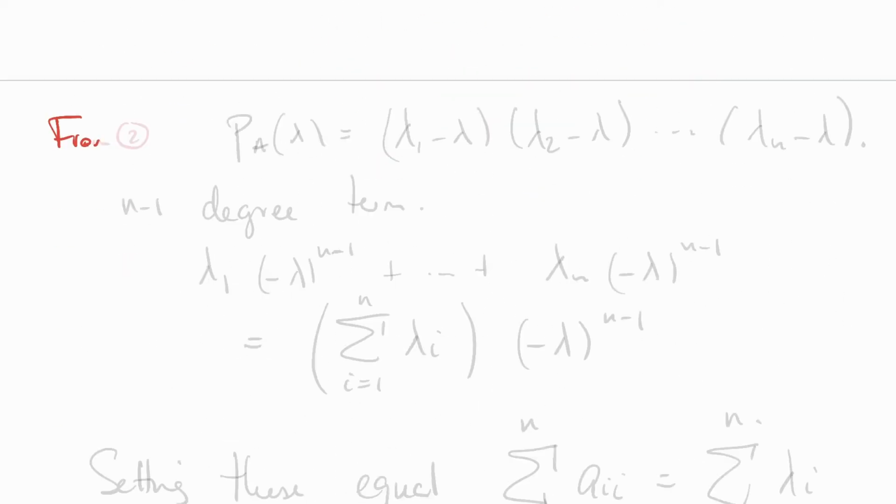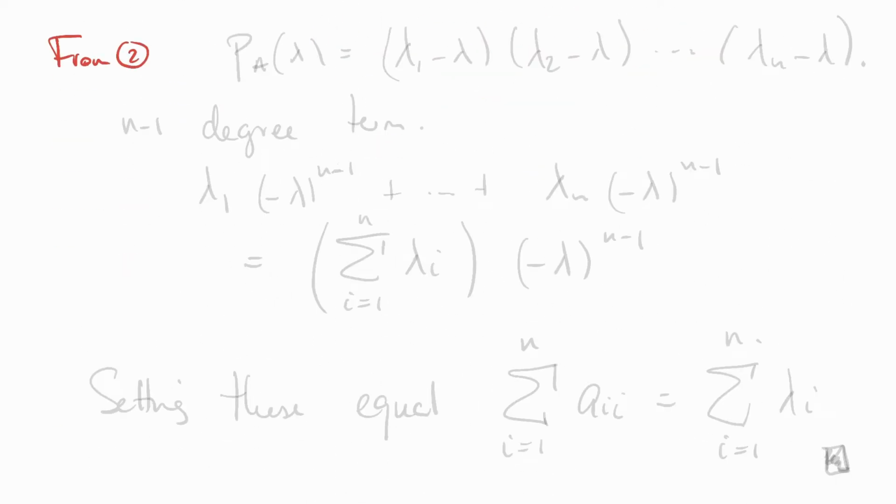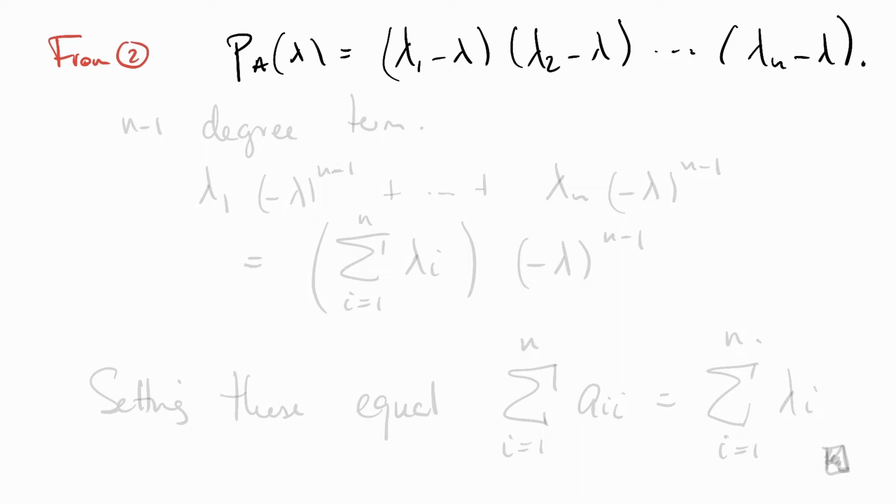From 2, well, what do we have here? P_A(lambda) is equal to (lambda_1 minus lambda)(lambda_2 minus lambda)...(lambda_n minus lambda). So the n minus first degree term, multiplying similarly, is going to be lambda_1 times negative lambda to the n minus 1 plus ... plus lambda_n times negative lambda to the n minus 1.